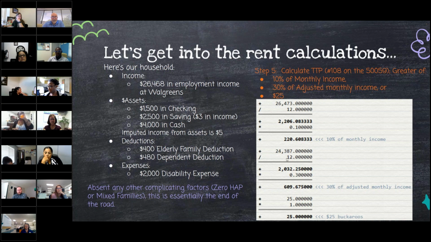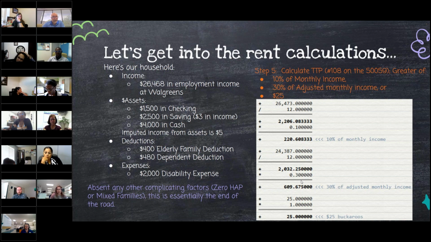So 24,387 divided by 12 times 0.3 is 610 with the rounding. And then $25 is $25. So the highest of these three amounts is the 30%. And that's almost always the case unless you're talking about zero income.